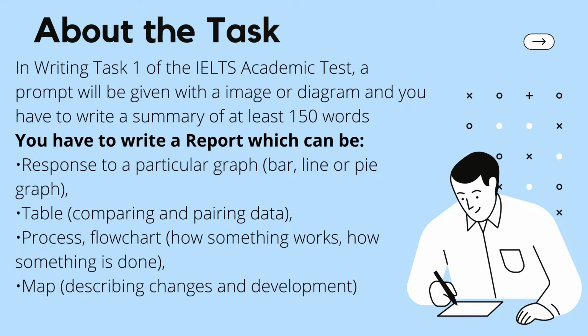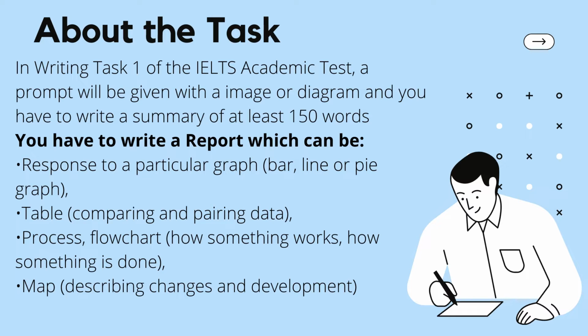The third is a process or flowchart, that is how something works or how something is done type of task. And the last one is a map, in which you have to describe changes and development. Among the above mentioned task types, the graphs are very common and the maps are very rare.